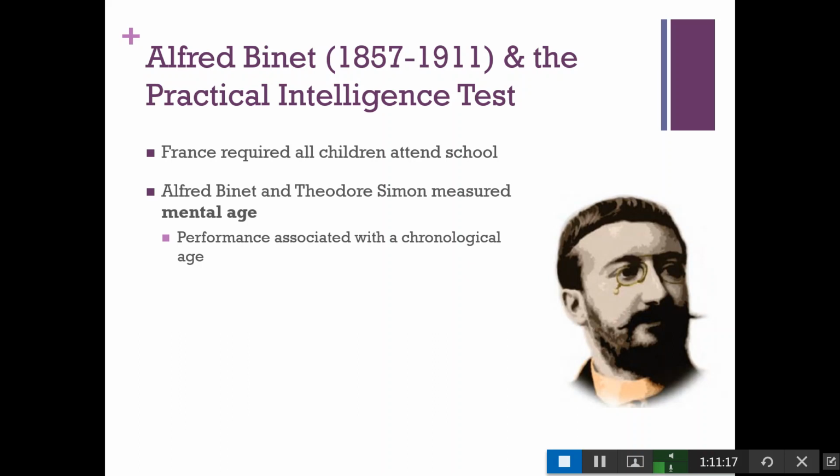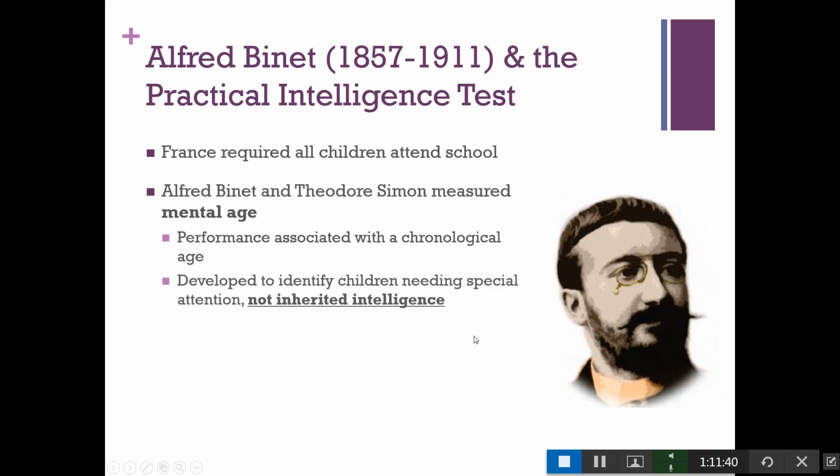And your performance on a test gives you your mental age. You're 13, but your performance on that test might indicate that you really look more like you're in 3rd grade, and that's because you maybe didn't have somebody to teach you how to read and how to write.